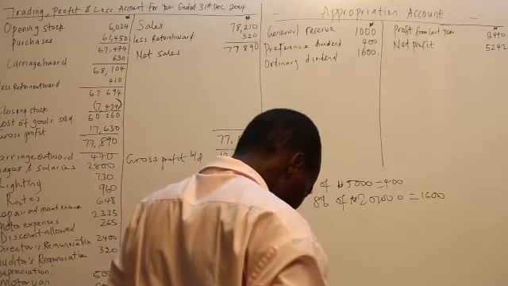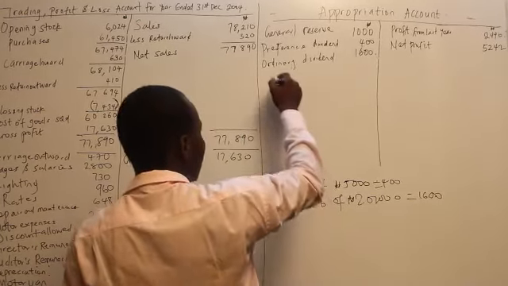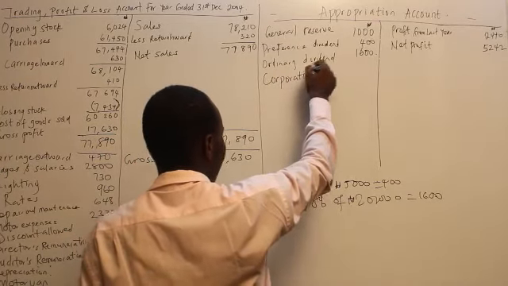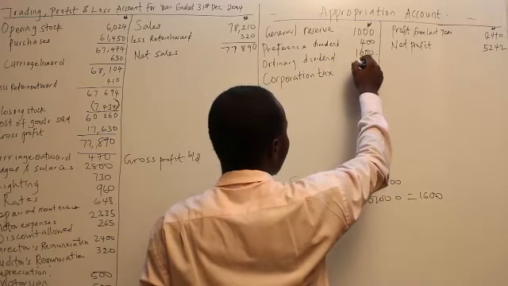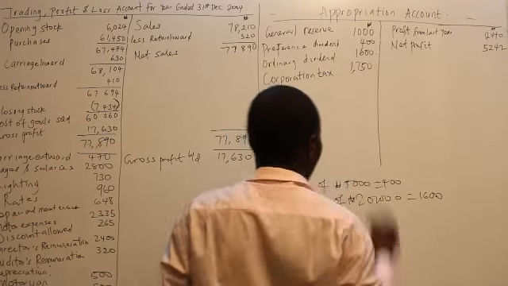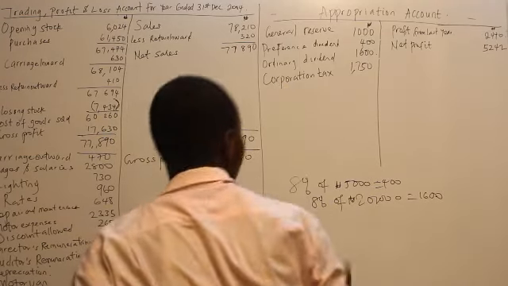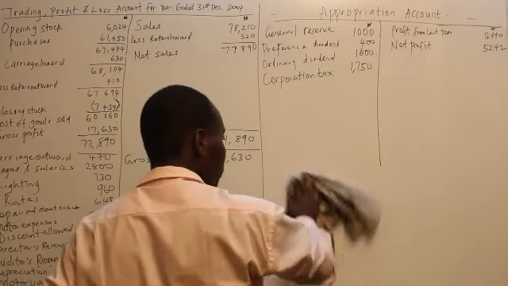So what other information do we have? Corporation tax. They have to pay tax. That will also come here. 750 as the corporation tax in the period.